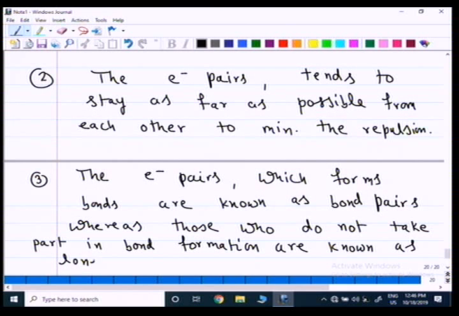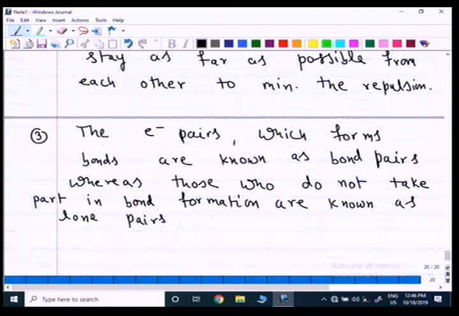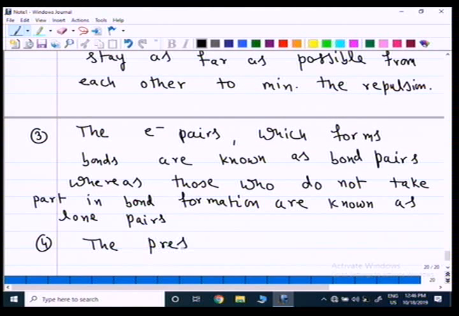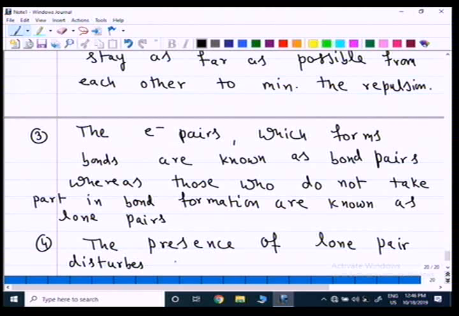Number 4, the presence of lone pair disturbs the regular geometry of the molecule.